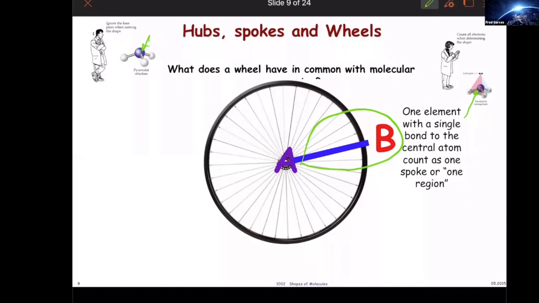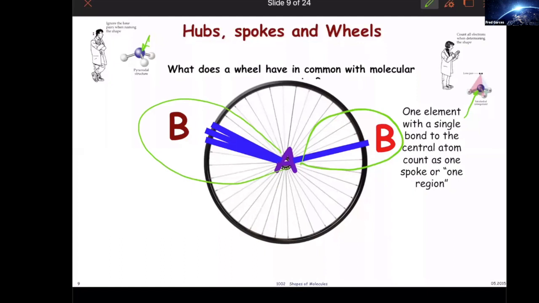If we have multiple bonds connected to one atom, like you see here, that is considered one domain as well. Even though it consists of 3 bonds or 2 bonds, that's one domain. Again, a domain is a region of electron density pointing at a specific region of space.